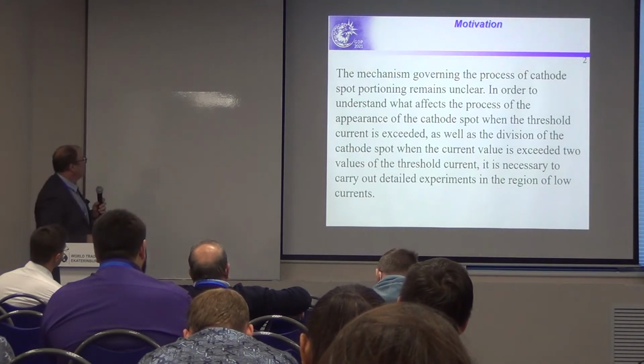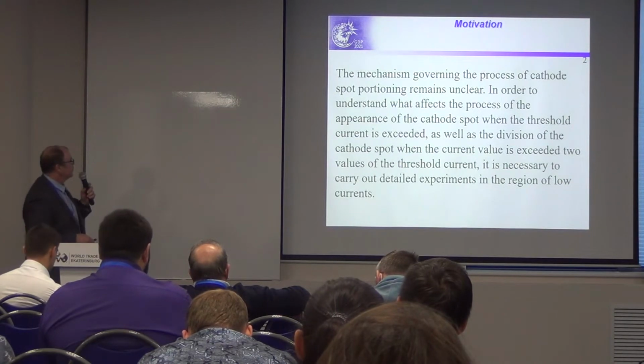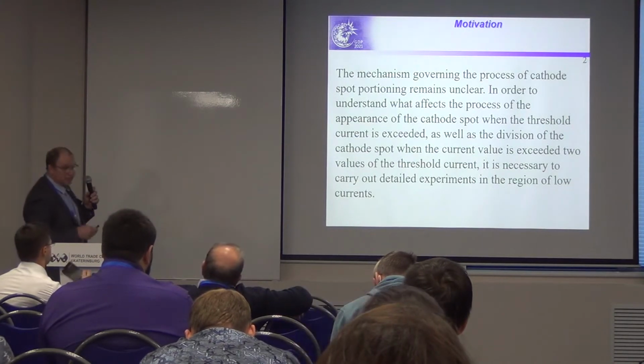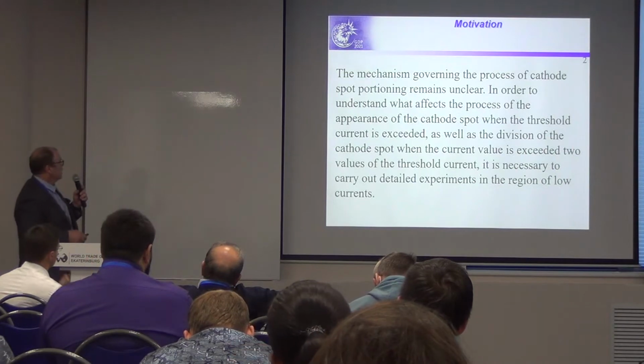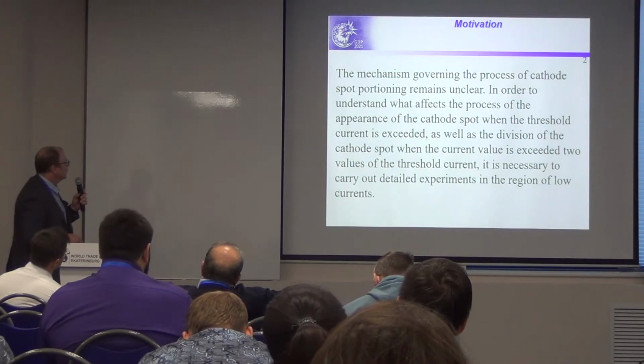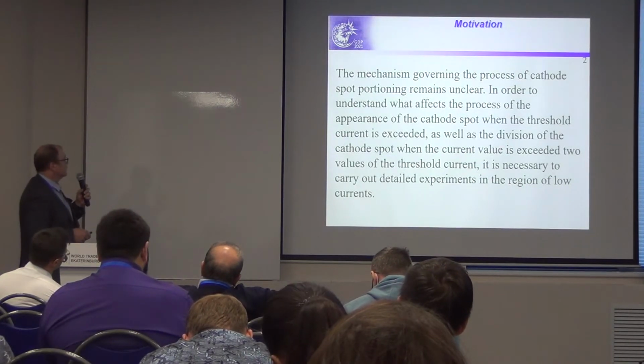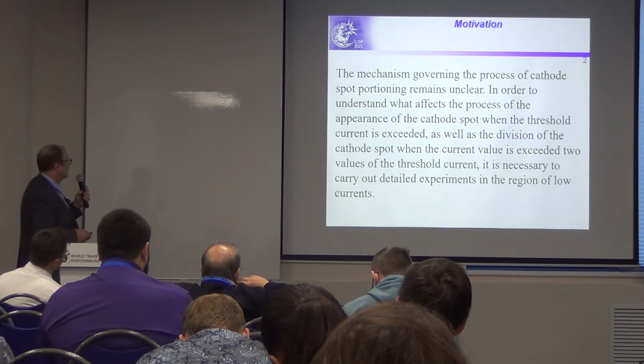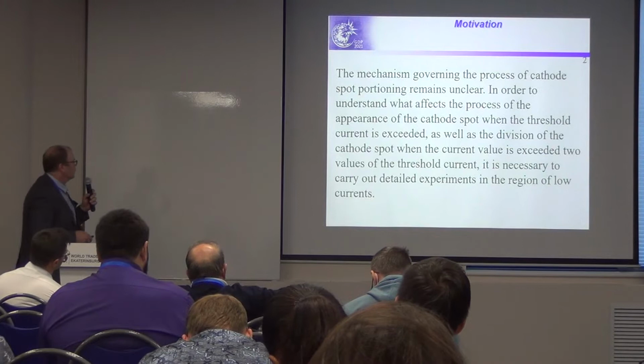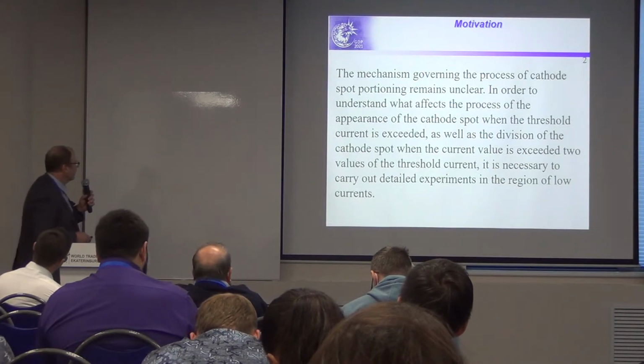Motivation. The mechanism governing the process of cathode spot appearance remains unclear. In order to understand what affects the appearance of the cathode spot when the threshold current is exceeded, as well as the division of the cathode spot when the current value exceeds two values of threshold currents, it is necessary to carry out a detailed experiment in the region of low currents.